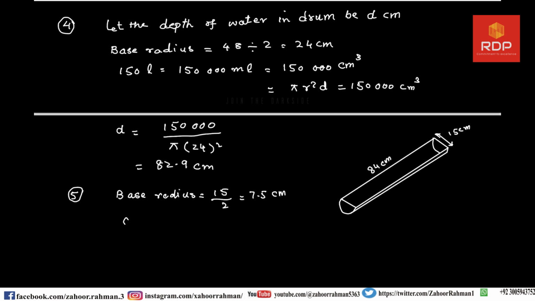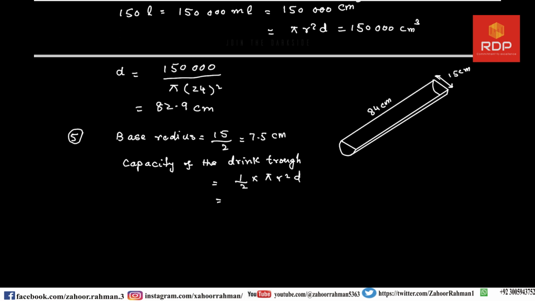Now capacity, or you can say volume, capacity of the drink trough is equal to 1/2, that is half, so pi into r square d.